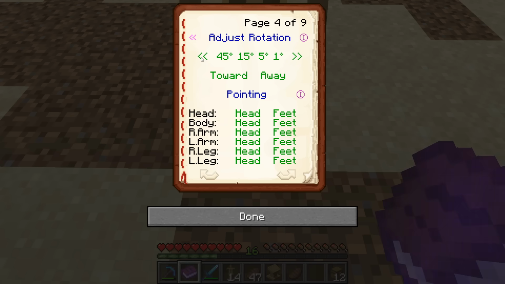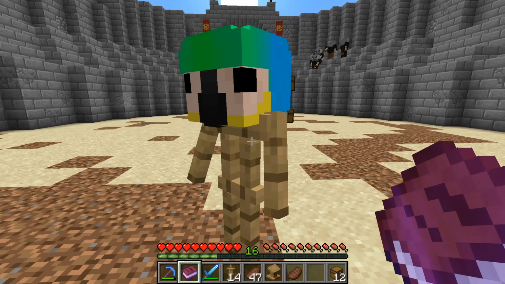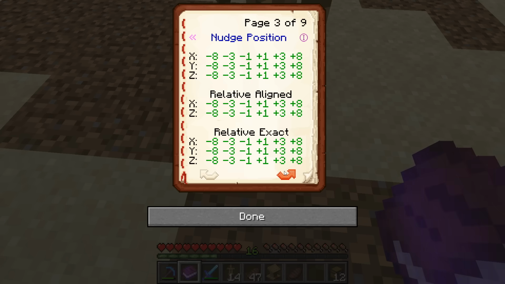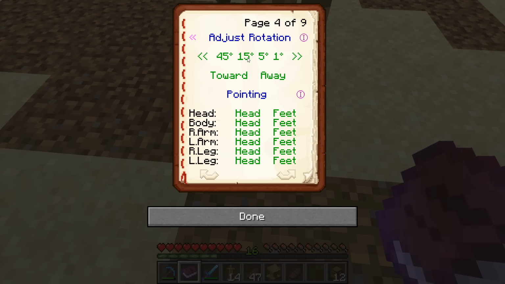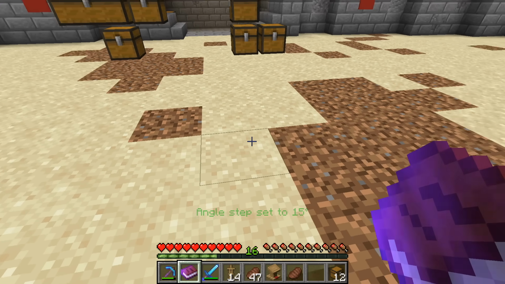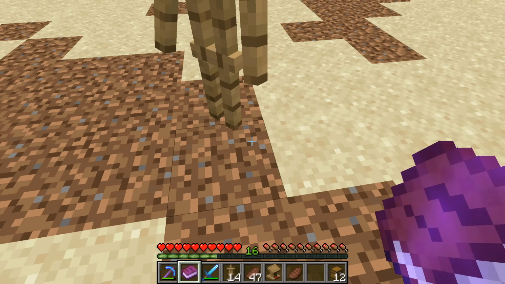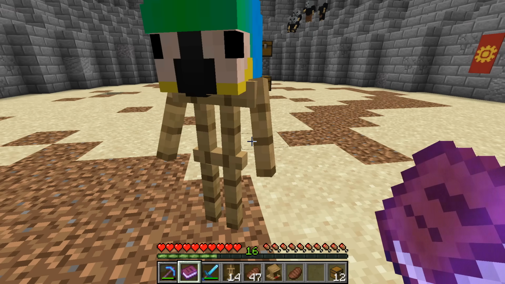Then I'm going to use this button to turn my armor stand 45 degrees to the left. Like so. And then I'm also going to adjust rotation to 15. Okay, and it'll say angle set step to 15. And then I'm going to turn it to the right. Now, that's a good trick to know.